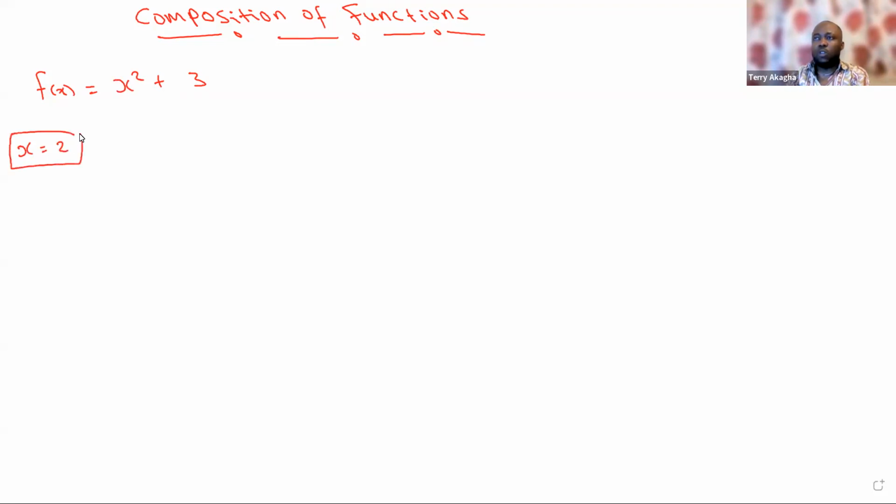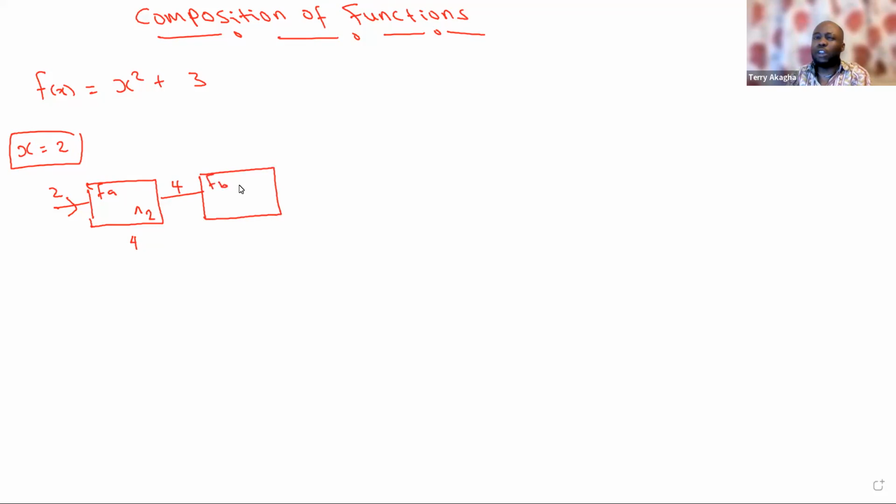The 2 comes into the first function, let's call it f of a, which is raised to power 2, and that gives you 4. Now this 4 is going to be the input for the next one, and let's call it the second function b.